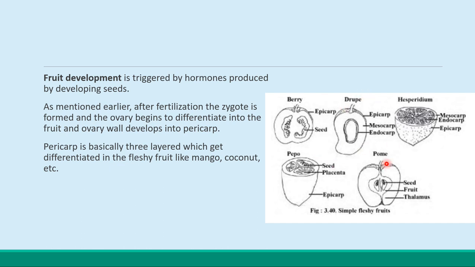And in some plants, the thalamus also contribute in the formation of the fruit. Such fruits are called the false fruits. Like the strawberry is there. Strawberry is the false fruit. The strawberry is not made up of the ovary.